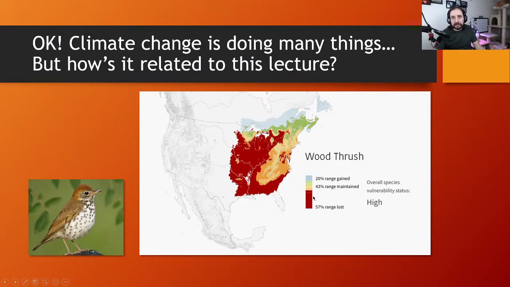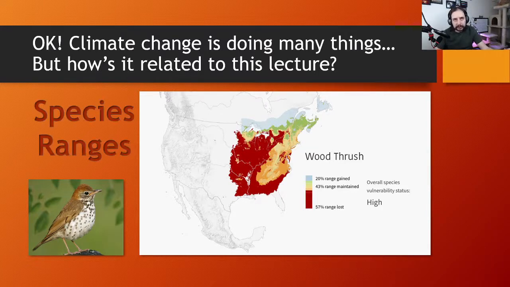They lost 57% of their range, and their vulnerability status is high right now. What I'm trying to understand is how we can reverse this, or whether we can, at least in some of the species. So I'm trying to make the connection between my research and species ranges.